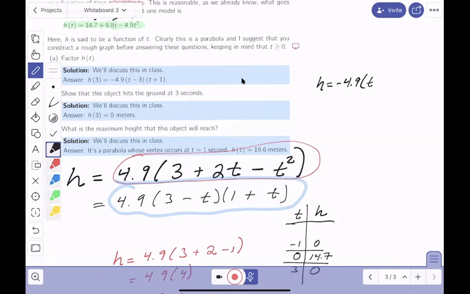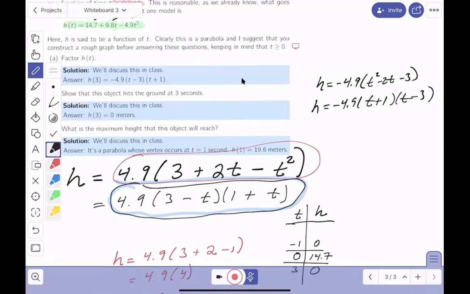You get t squared minus 2t minus 3. H is minus 4.9 times that. I want to claim this is also a good answer, but they did factor out the minus 4.9. I just noticed it over here.